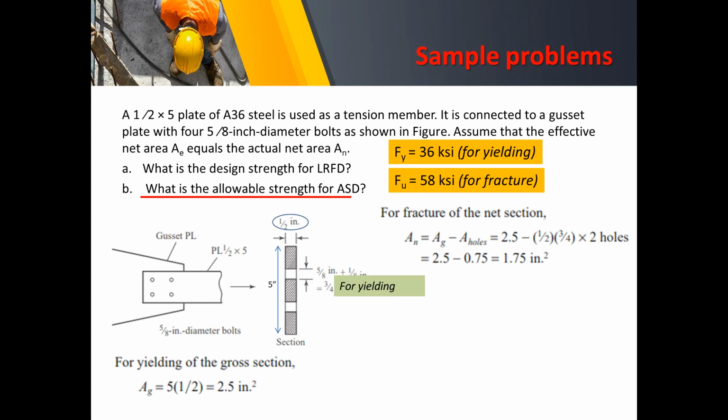For yielding, we do the same calculation for P_n, F_y A_g, 36 times 2.5. That would yield 90.